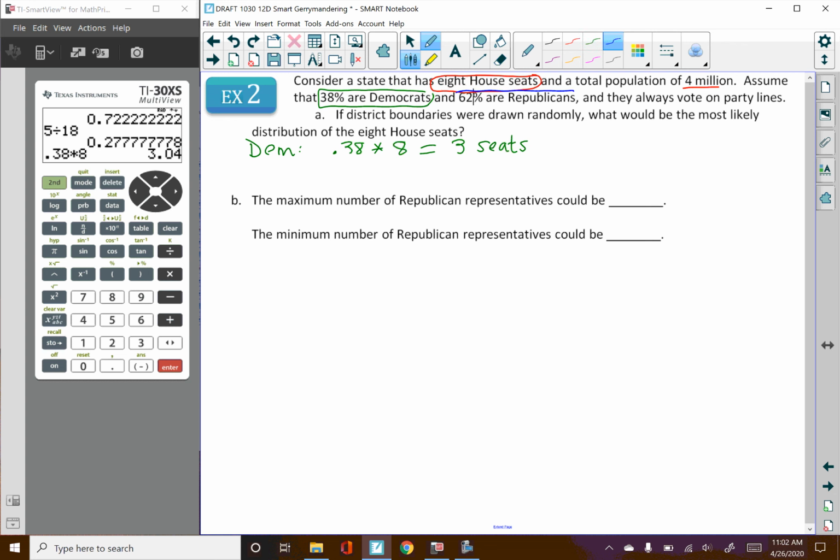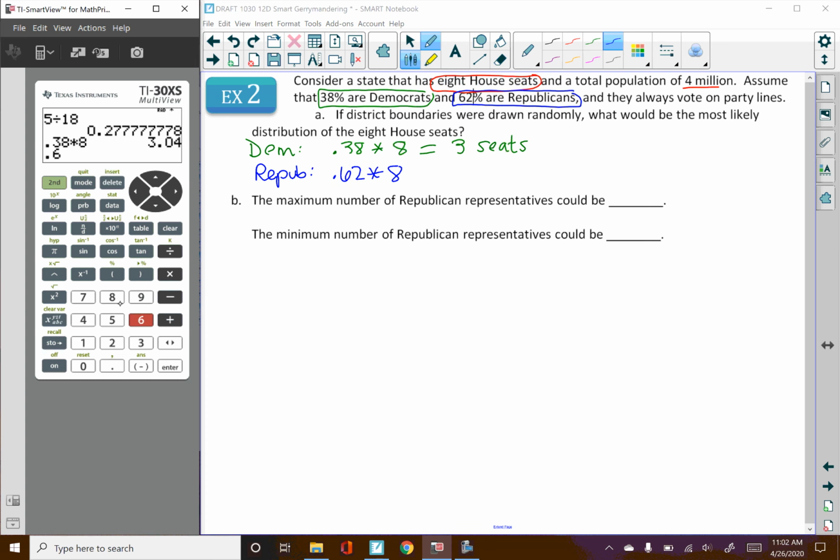For Republicans, we've got 62%. So we multiply that by 8 to get, and again, we need to round to the nearest whole number, so that we would round that to 5 seats. So this is how many seats would be represented by Democrat and Republican if the districts were most likely randomly drawn. It would match pretty well.